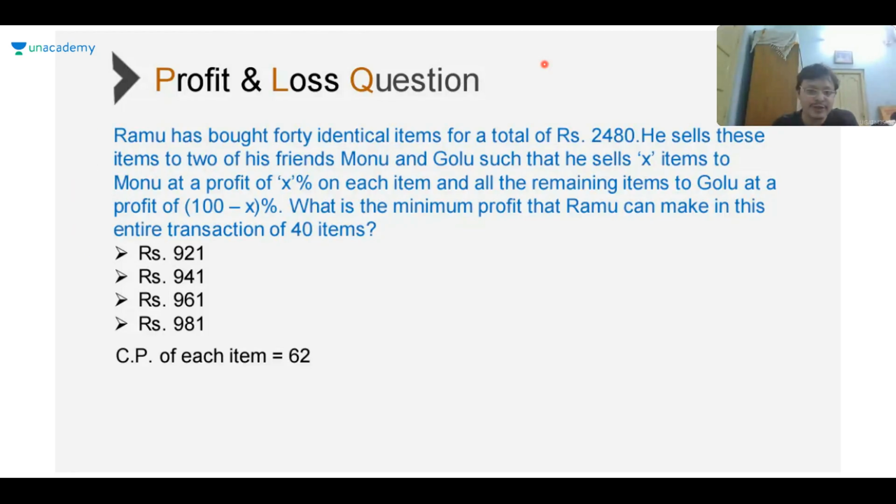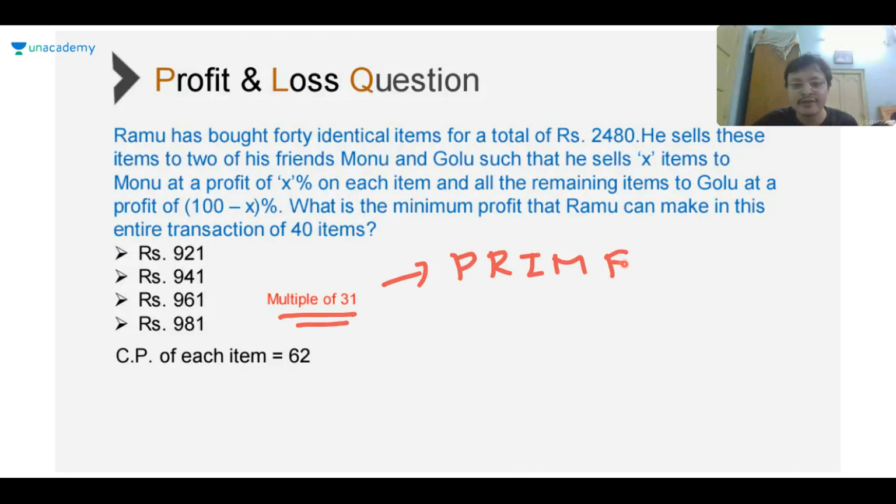So if we look at the question, there are 40 items. The total cost is 2480, which means the cost of each item is rupees 62, which is a multiple of 31. And as you know, 31 is a prime factor. What is profit? Profit is nothing but percentage profit into your cost price.